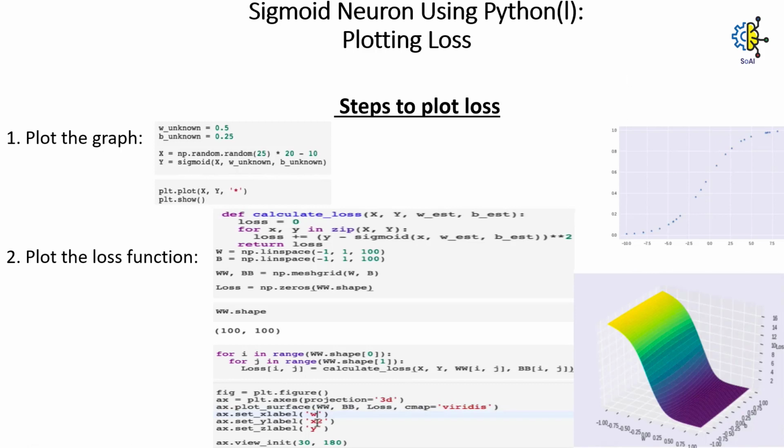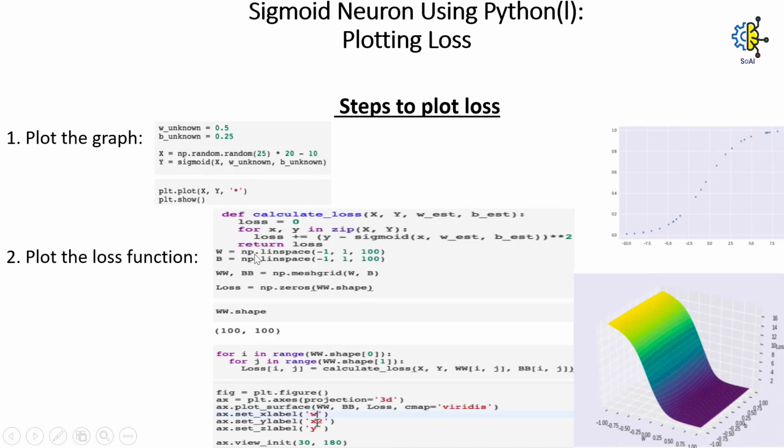The second line tells plot the loss function, in which the function calculate_loss has parameters x, y, w_s, b_s. In this, initially loss is equal to 0. Then for x, y in zip(x, y) loop, loss plus is equal to y minus sigmoid function with parameters x, w_s, b_s, and this whole expression is raised to the power of 2, which will return loss.